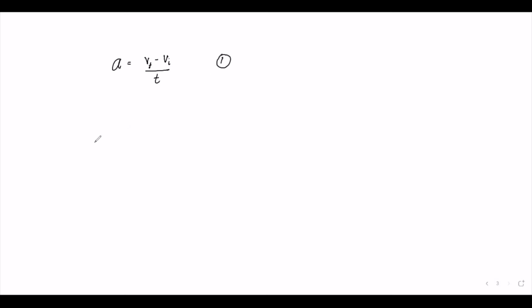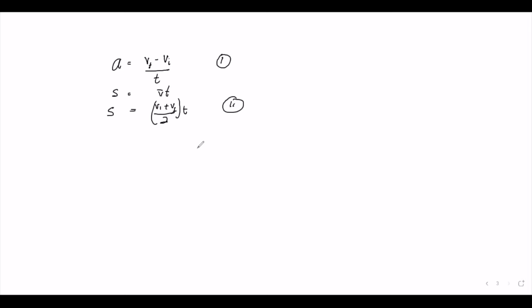And you also have the distance, which is given by average velocity multiplied by time, which basically is equal to Vt. Average velocity is that in the previous equation. Then we call this 2.